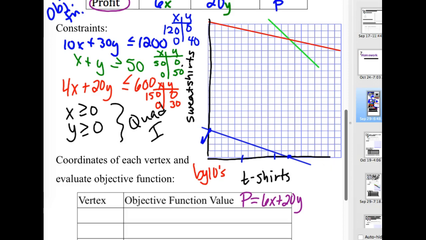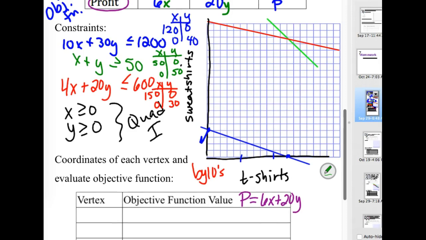Okay. What's next? Green. We need 50 and 50. Shading above or below?